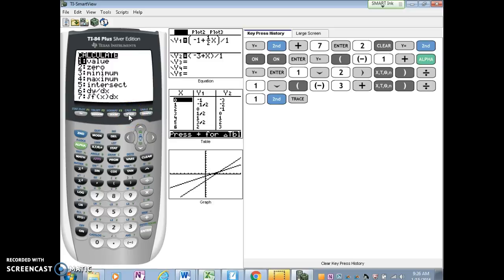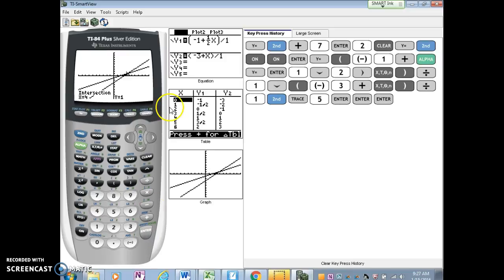We're looking for the point where the two lines intersect, so we're going to choose number 5. Be patient, let them graph, and then we're just going to hit enter 3 times. Enter, enter, enter, and there's our solution. The intersection is where x equals 4 and y equals 1.